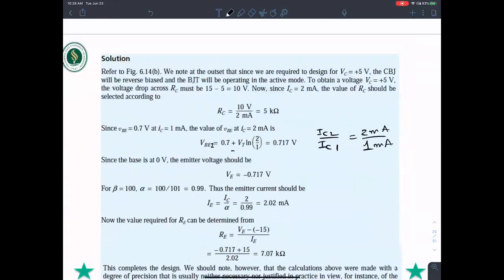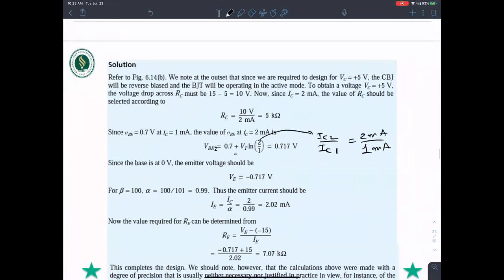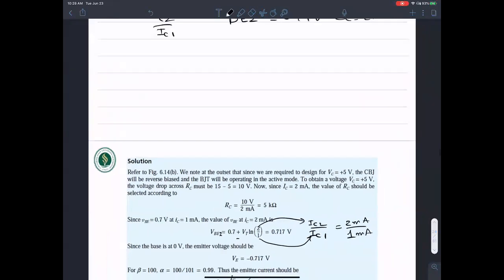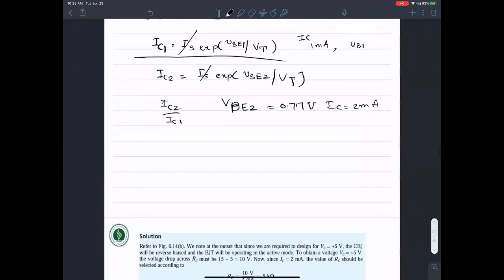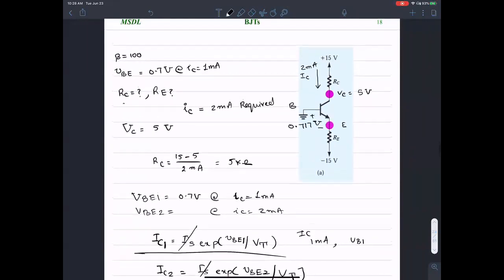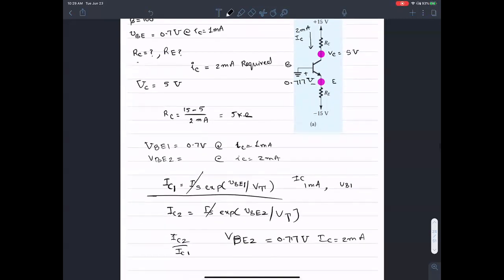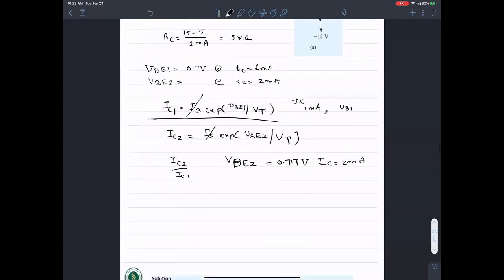Okay, other questions, please. Professor, sometimes we approximate VBE to be 0.7 volts, and sometimes we are trying to find that out. So how do we know when we can approximate it to 0.7 and when do we have to find it and not approximate it?